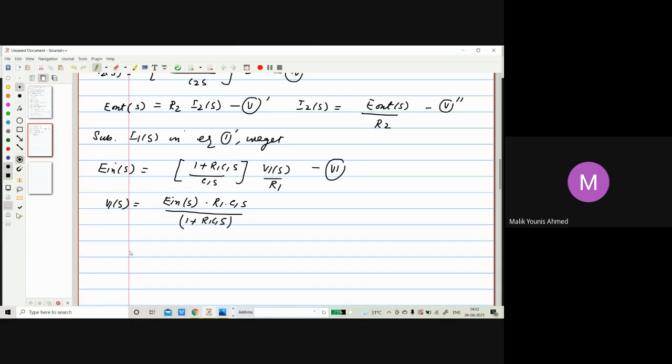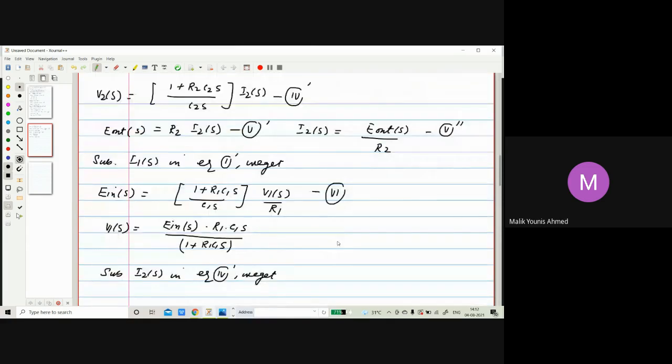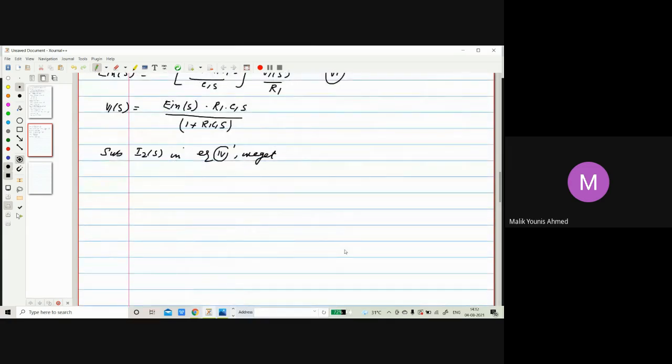So now similarly we will be substituting I2 of s in equation 4 dash. Again, the objective is to get everything that should not contain the current values in terms of the circuit parameters. That's all my aim is. In terms of the circuit parameters, I'm again repeating it.